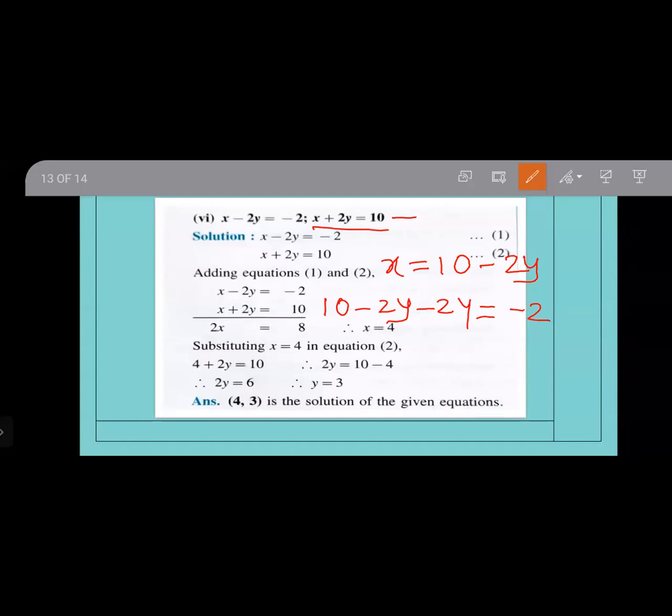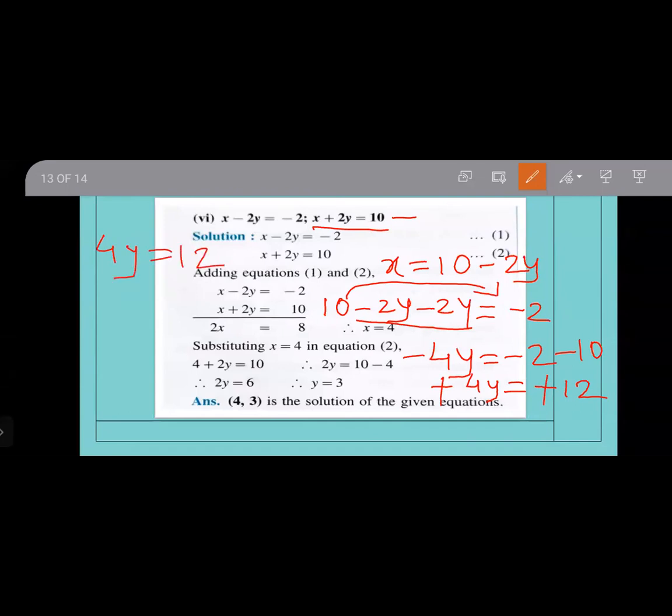Minus 2y and minus 2y will be minus 4y, equal to −2. Now this 10 will become minus 10: −4y = −12. The minus will get cancelled. 4y = 12.